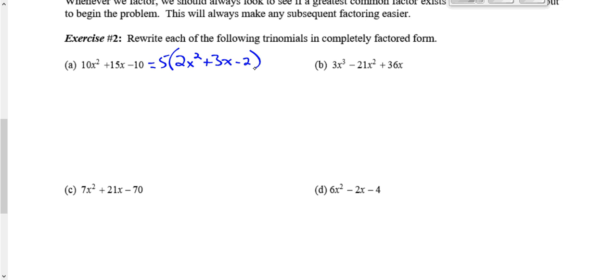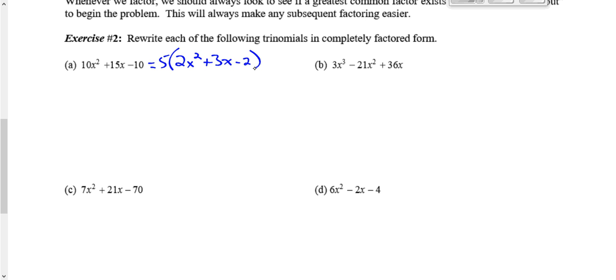Okay. So that thing inside, we're going to have to use what method to factor it? The A times C method. Anybody ever heard of that? We talked about it, didn't we? I probably just brushed on it a little bit, but anyway.